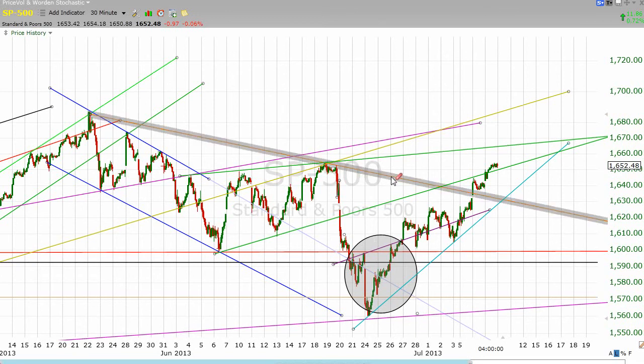We are now over the resistance line that we pointed out yesterday after the close, when we weren't over it by a technically significant margin. Today we are. Additionally, I've left this line exactly where it was yesterday, but I'm going to show you that this is still maybe open to a little interpretation.